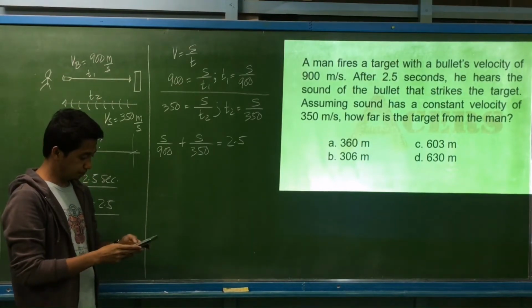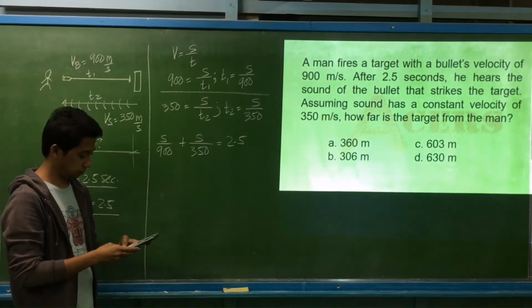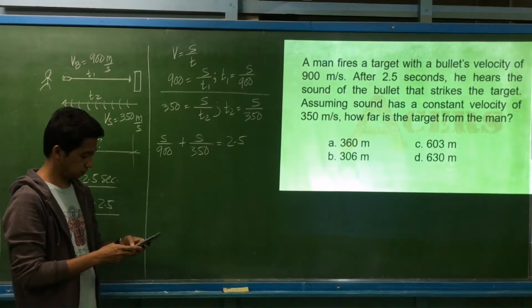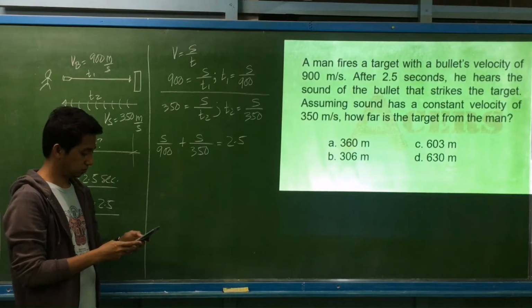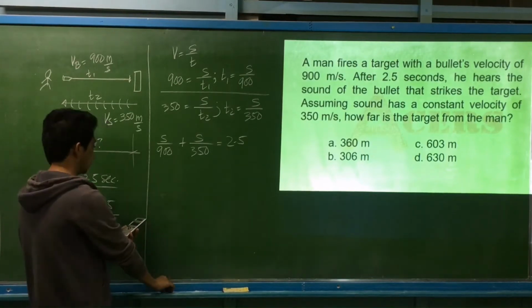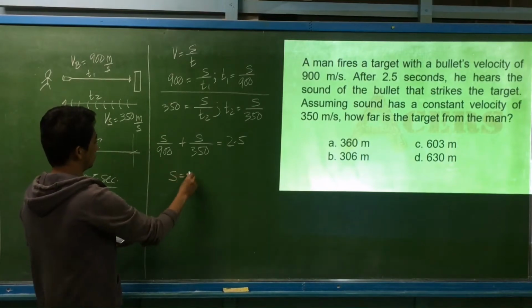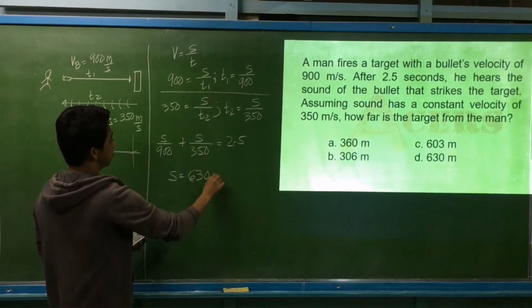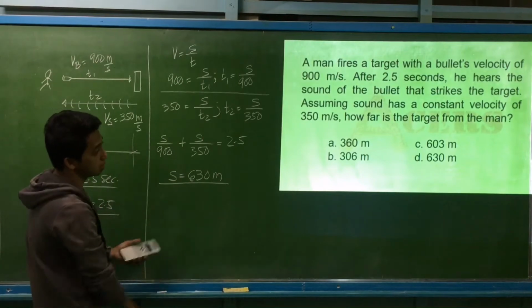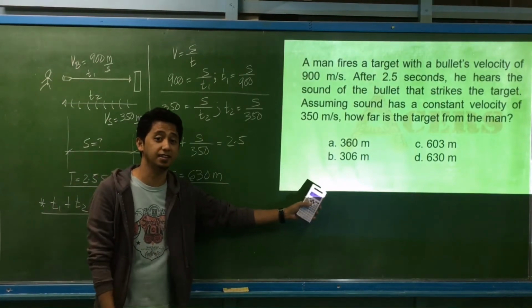So we have a distance equal to 630 meters. That is our answer, letter D.